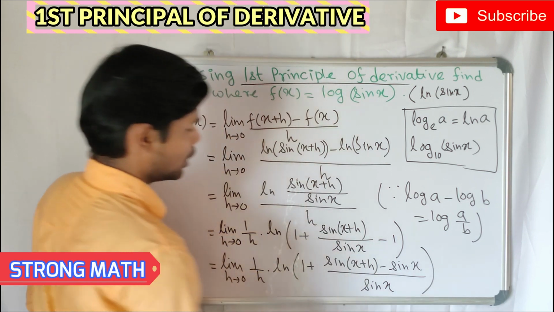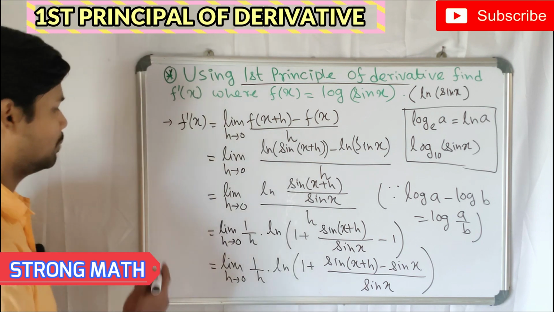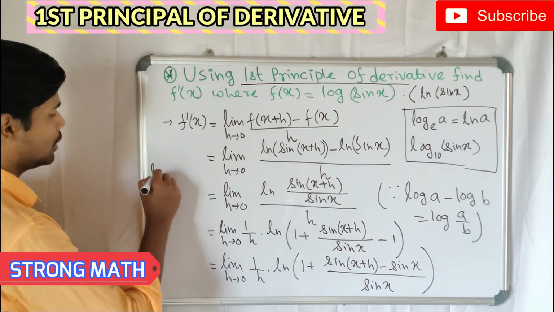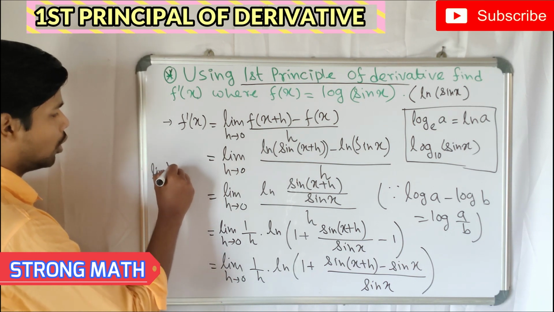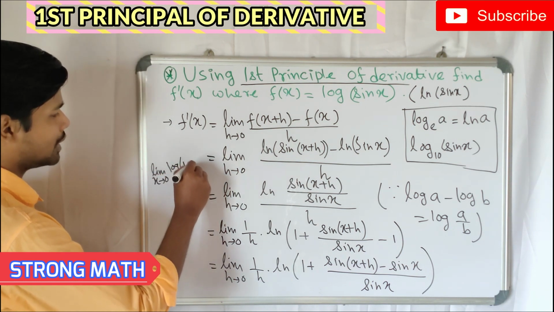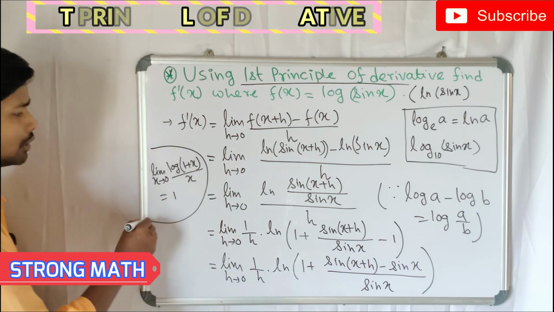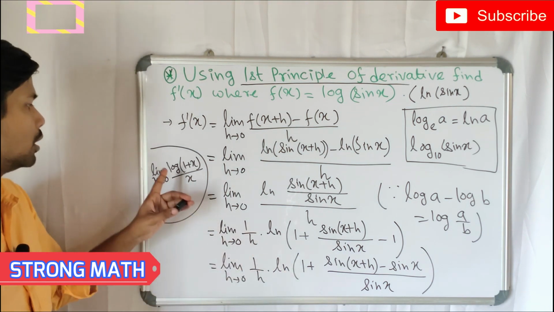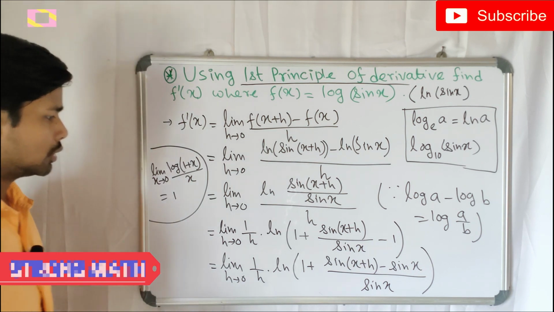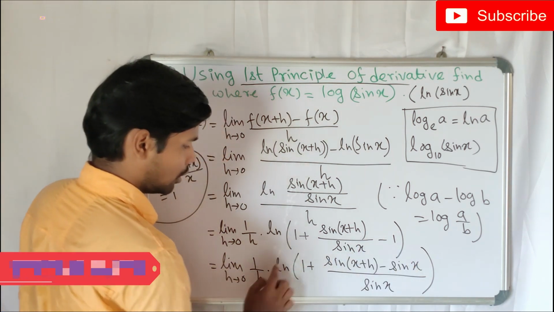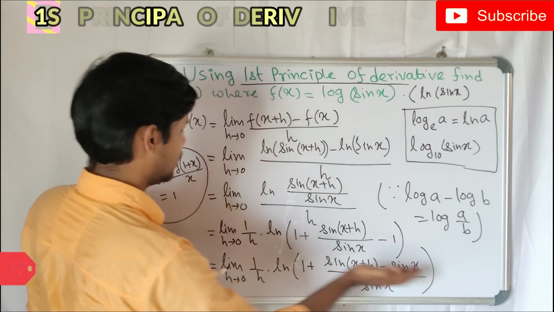We want to write the limit in the logarithmic form. That means we want to use the limit x tends to 0 of log of 1 plus x divided by x equals 1. We want to write this limit in that form: this is our x, ln of 1 plus x, and we need the whole divided by x.